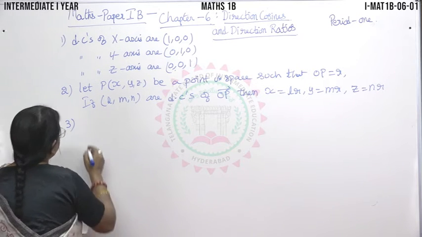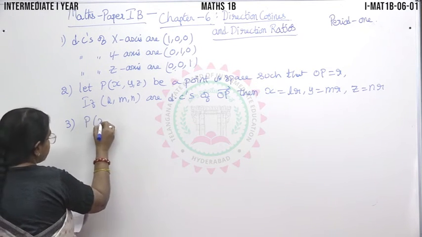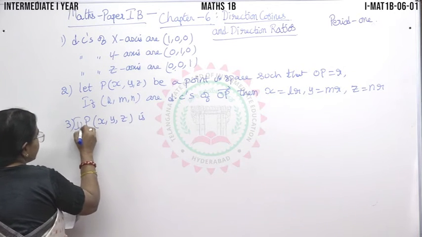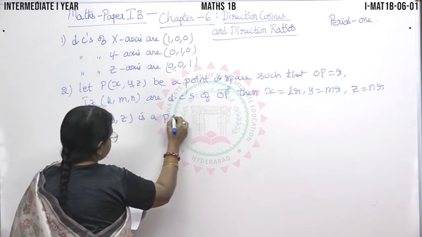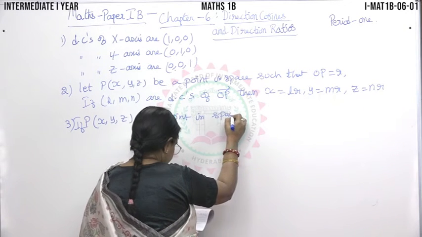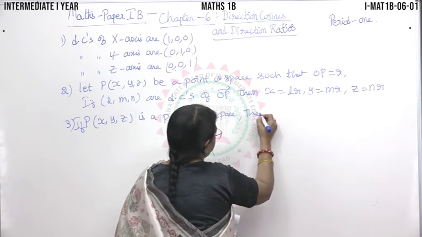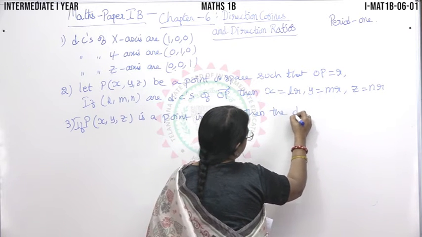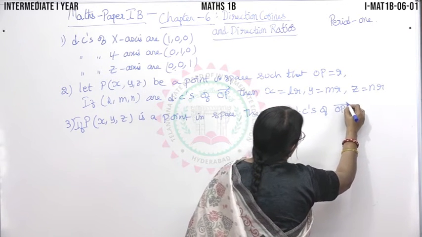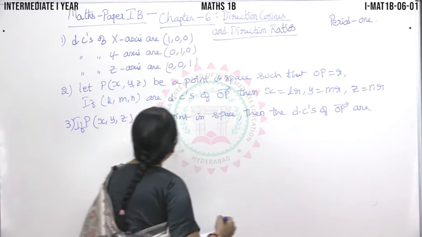Okay, next point is the reverse of it. Suppose P(X, Y, Z) is a point in space. Then the DCs of OP, the direction cosines of the ray OP, are as follows.